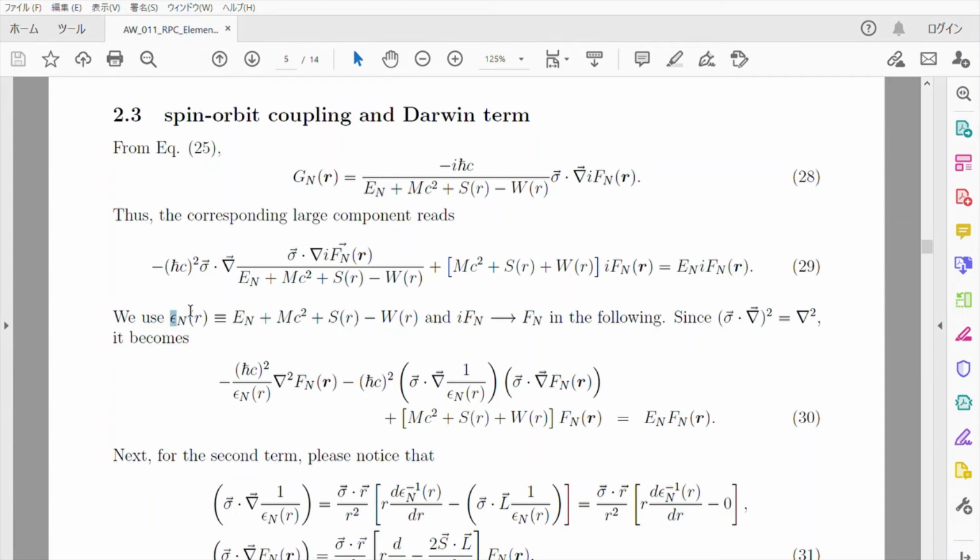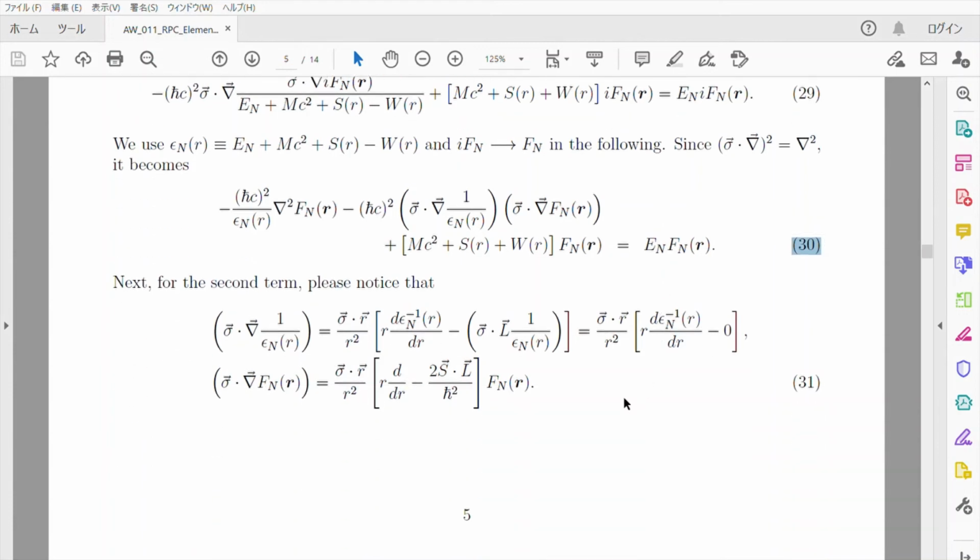In the following part, we use this epsilon n, defined as this denominator part, and I also skip this i in the following. Then, because sigma dot nabla squared is simply nabla squared, we get equation 30.